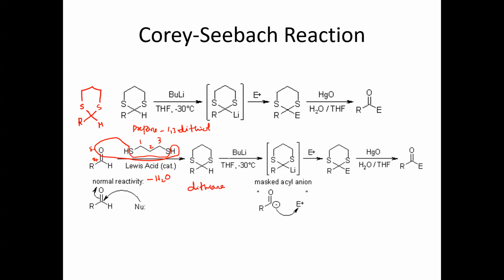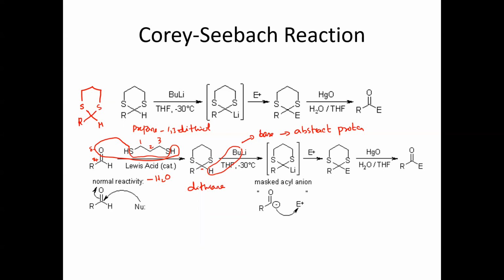To this dithiane, if you react butyl lithium, which is a very strong base, the base can abstract a proton. H+ is going out, therefore this carbon atom becomes negatively charged.